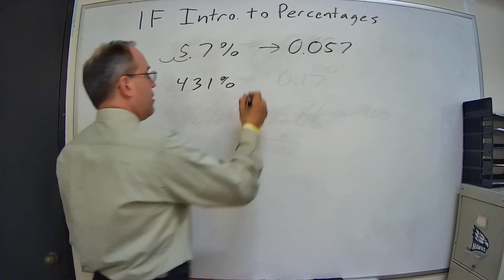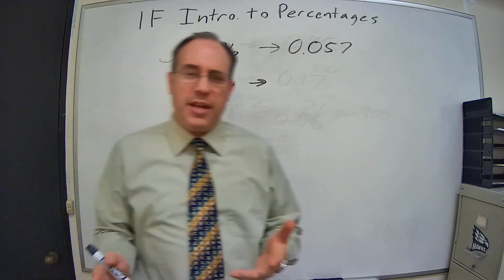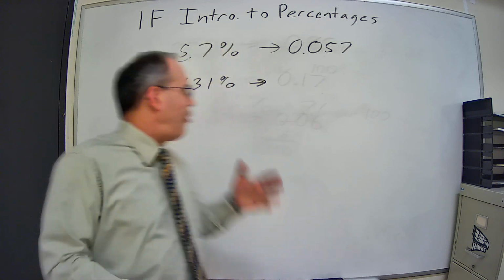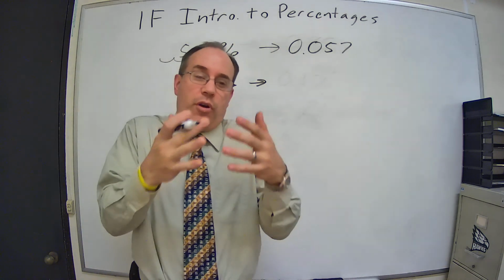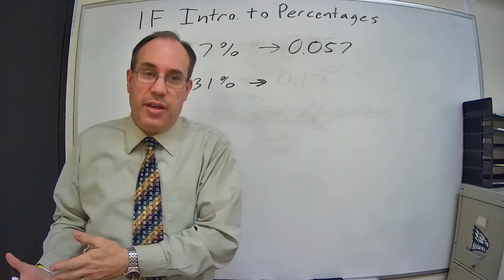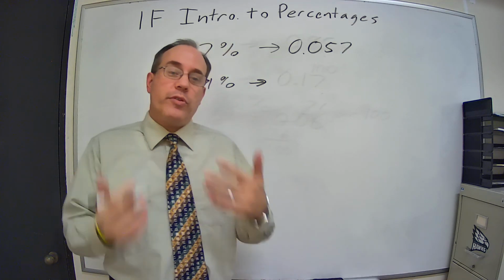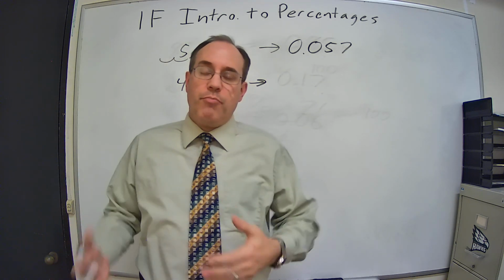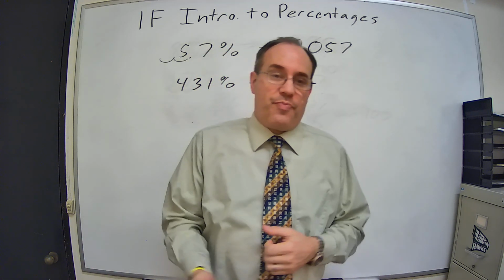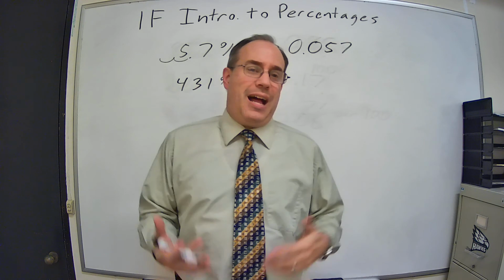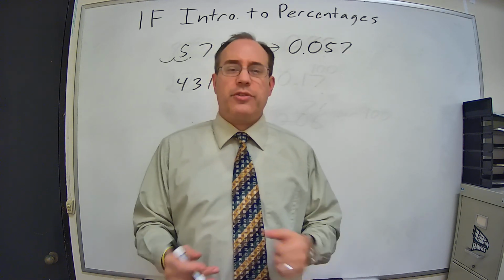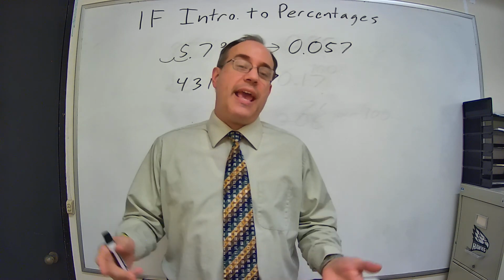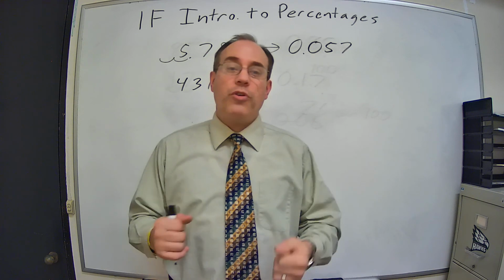431%. Well, wait, if we're talking about percent as being something over 100 or parts of 100, how can we have 431%? I can't have 431 out of 100, can I? Well, when we're dealing with percents, sometimes we relate things to 100, but we can have more than it. Let's say I was a very popular instructor. So popular that people actually came to my classes who weren't students in my class.